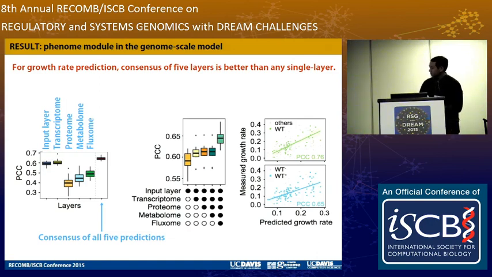It was also better than when we combine less layer information, for example, better than the consensus prediction that integrates only 4 layers, input, transcriptome, proteome, and metabolome, without the fluxome layer. And we were able to see that this prediction performance went up when we focused on novel wild types, up to Pearson correlation coefficient 0.76 from 0.65.